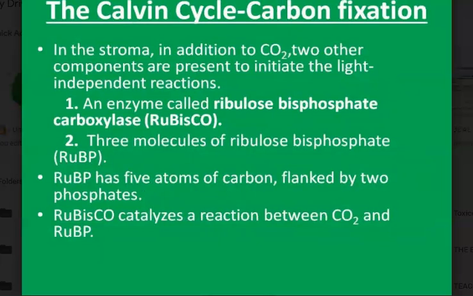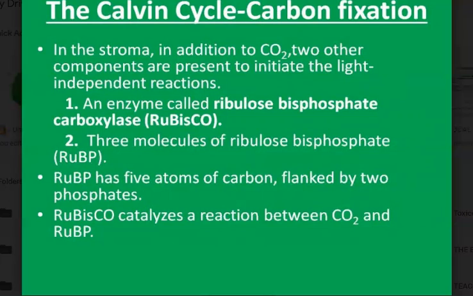So in the stroma, in addition to carbon dioxide, 2 other components are present to initiate the light-independent reactions. There's the enzyme called ribulose bisphosphate carboxylase, that's the rubisco, and molecules of ribulose bisphosphate, the RuBP. RuBP has 5 carbon atoms flanked by 2 phosphates.